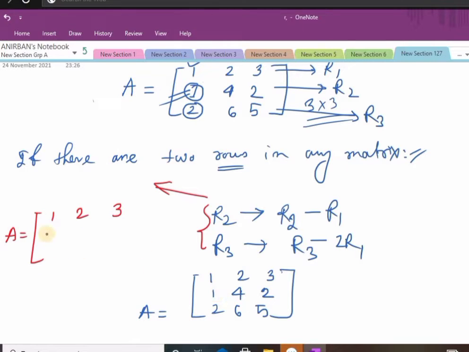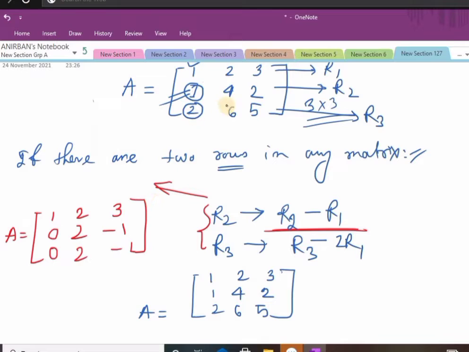We have to make this 0, so this will be 0 because we are doing R2 minus R1. Sorry, R2 minus R1, so this will be 4 minus 2, that is 2, and then 2 minus 3, that is minus 1. And for R3 minus 2 into R1, you have 2 minus 2, that is 0, then 6 minus 4, this is 2, then 5 minus 6, that is minus 1. So after doing this operation, you have this matrix.